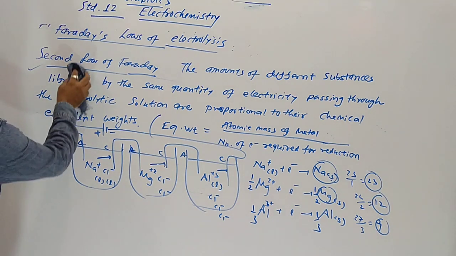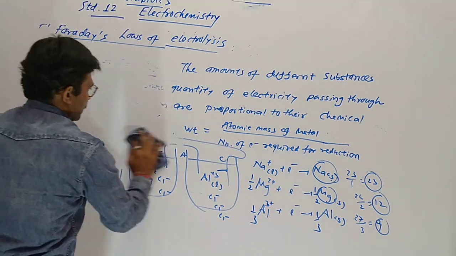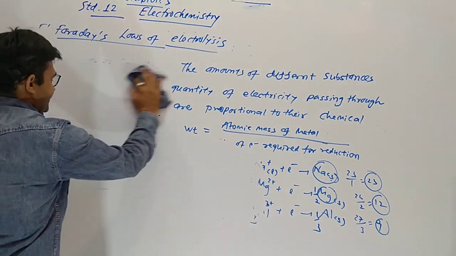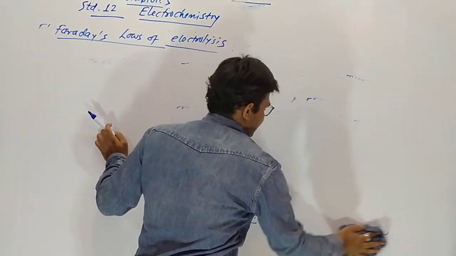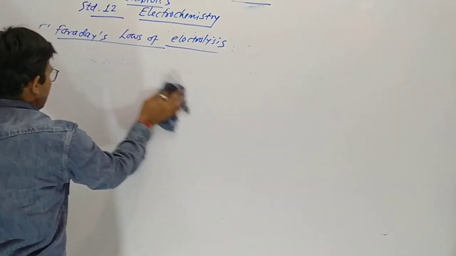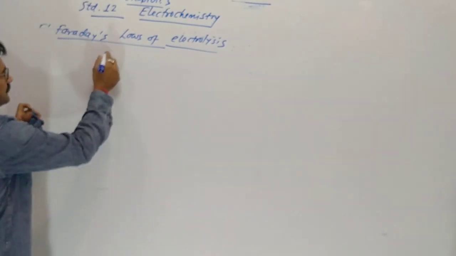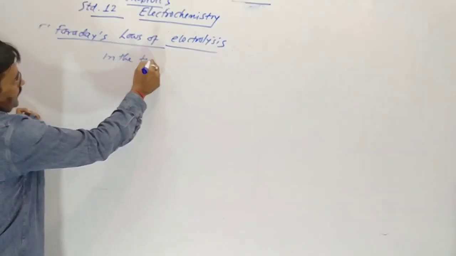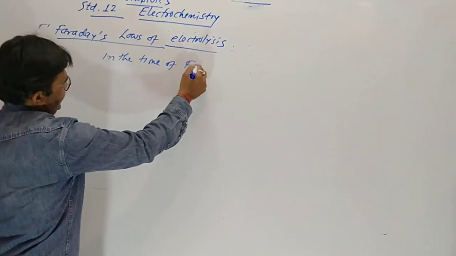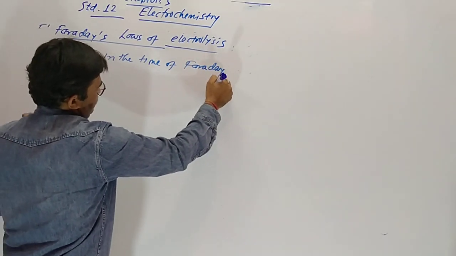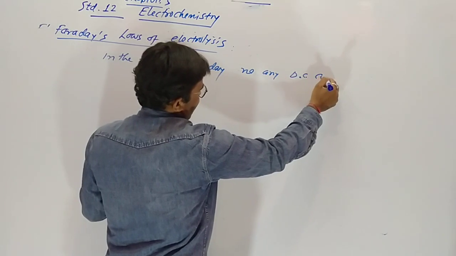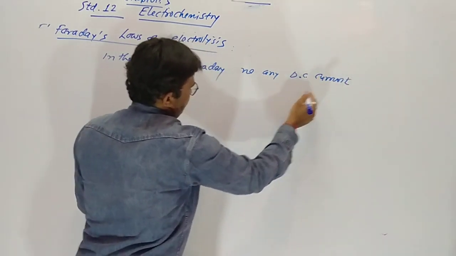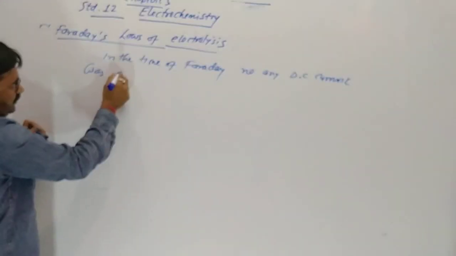Whenever the laws of Faraday were published, no DC current was available. In the time of Faraday, no DC current was available.